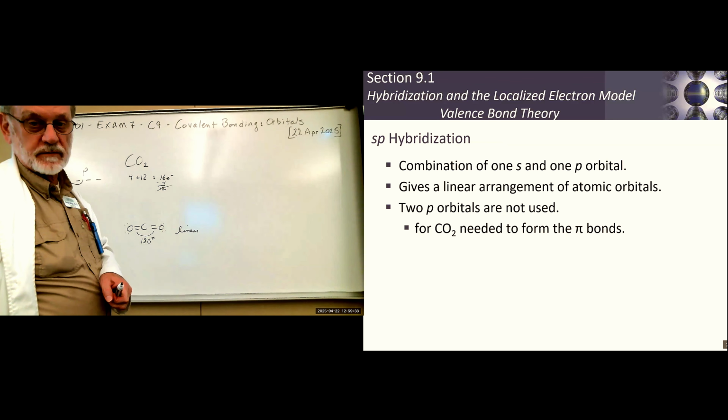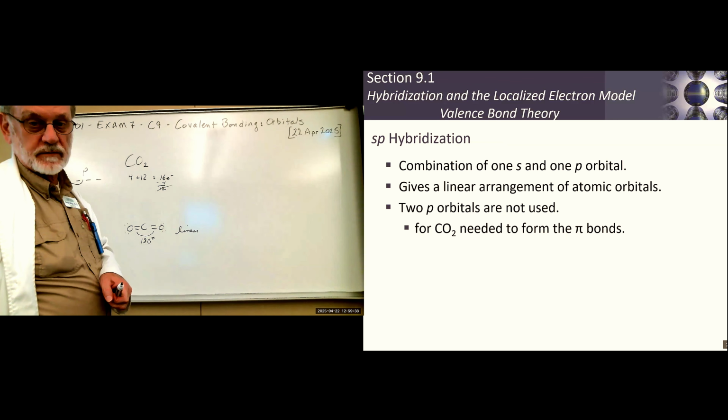So this is the artist's conception and the generated orbital profile of an sp hybrid, and notice that 1 points in one direction and 1 points in the other direction. So we'll use 1 of those to make a sigma bond on this side and 1 of them to make a sigma bond on that side with the oxygen.